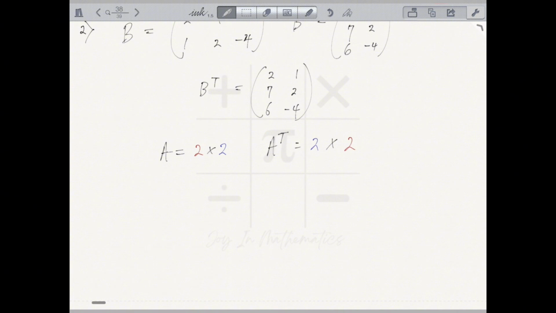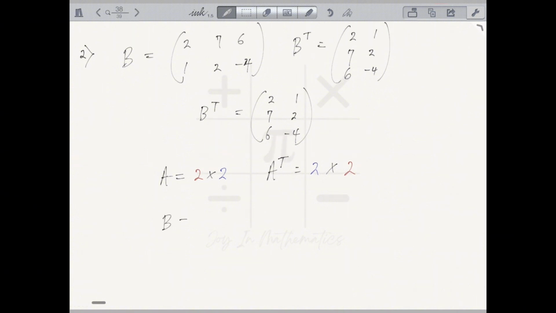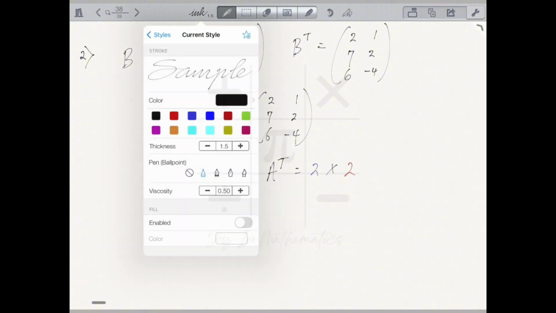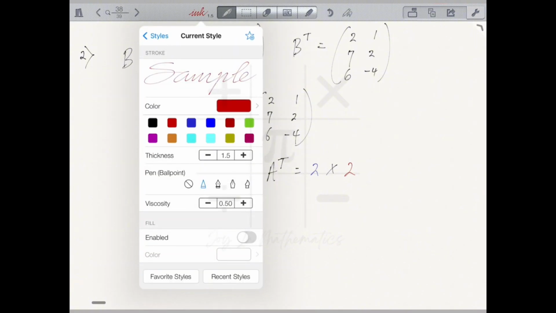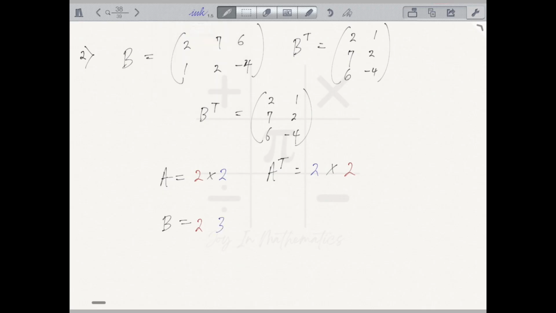Now let's take a look at B. B here is a 2 by 3 matrix. And now B transpose is mirrored, so the column number becomes the row number, and the row number becomes the column number.